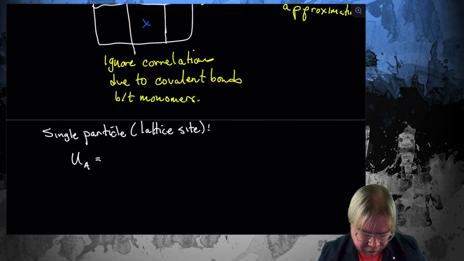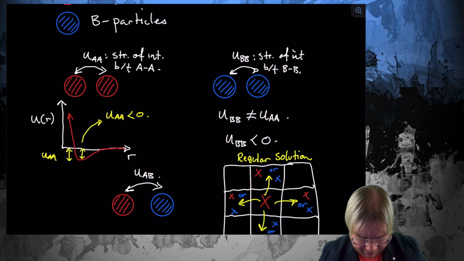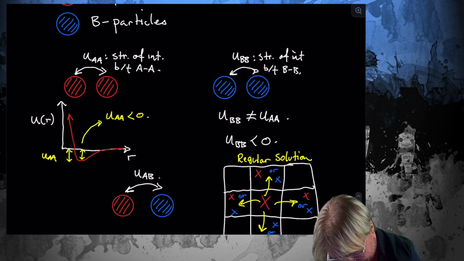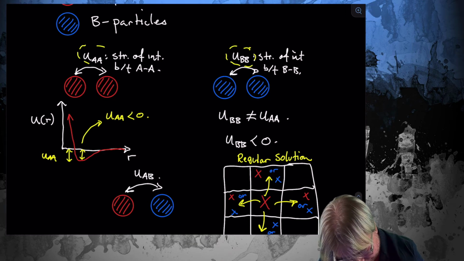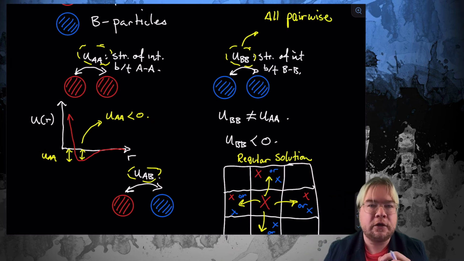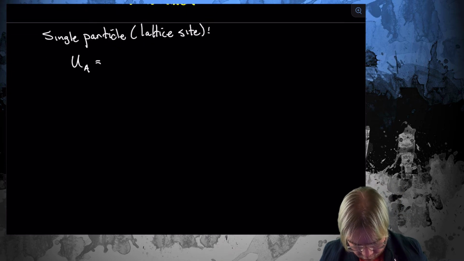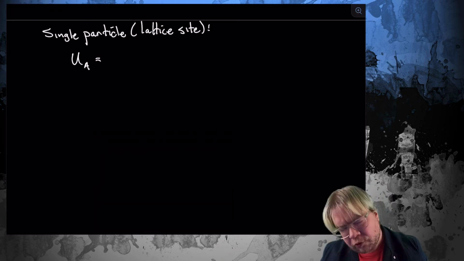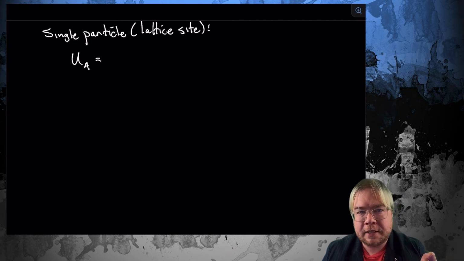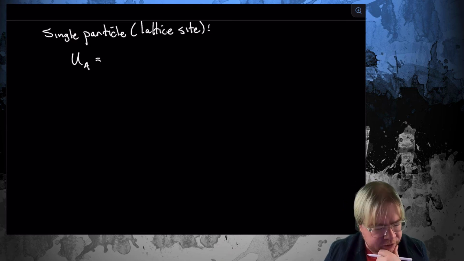Well, these interaction strengths that I drew up here, this UAA, UBB, UAB, these are all pairwise. Okay, so they're between two particles. So down here, this is going to be the average interaction that a single particle is going to see because of pairwise interactions with a certain lattice site.